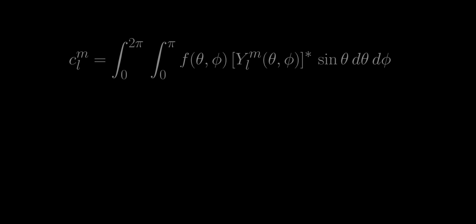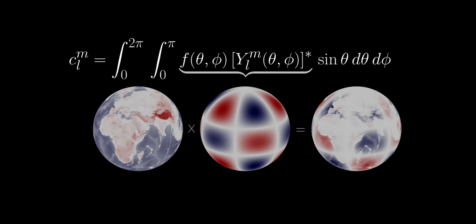The equation to determine each coefficient C_LM is given here. It might look complicated at first blush, but graphically we see it really isn't so foreboding. The integrand term f(theta, phi) times Y_LM(theta, phi) star, whereby the star represents a complex conjugate of Y_LM, is simply the scalar multiple of the spherical image we want to create with Y_LM star.